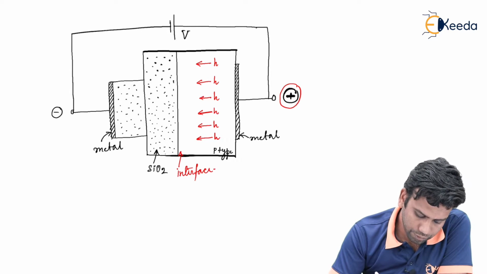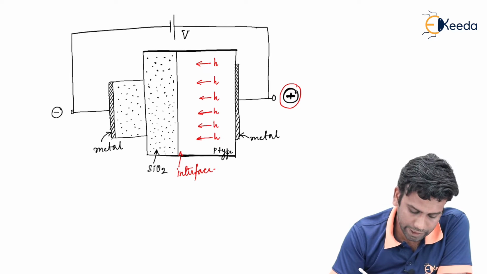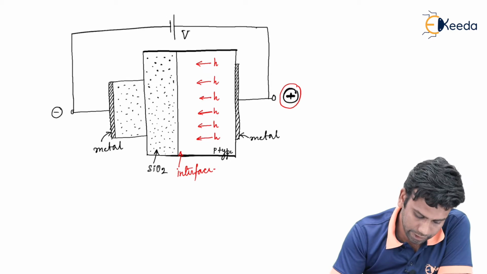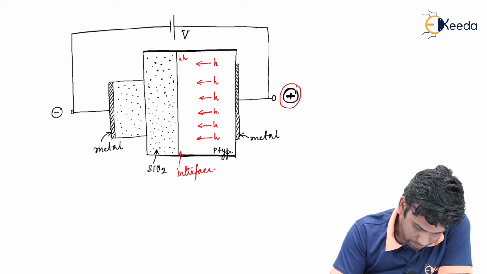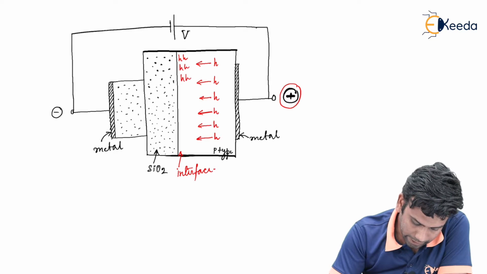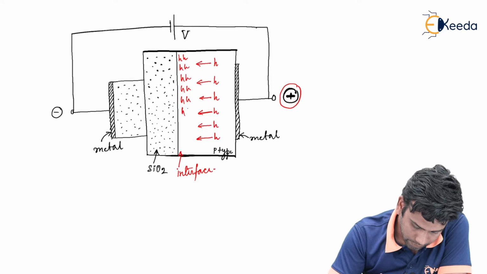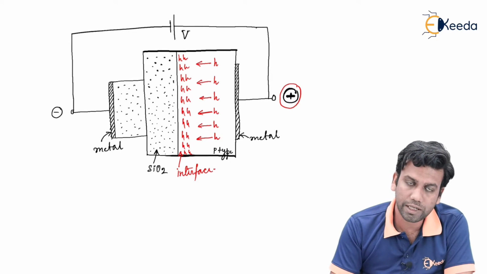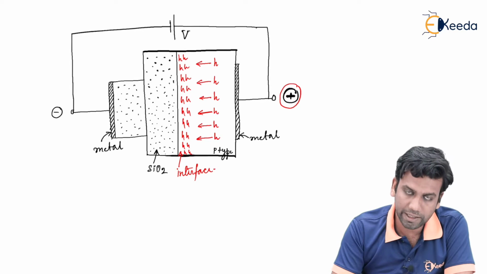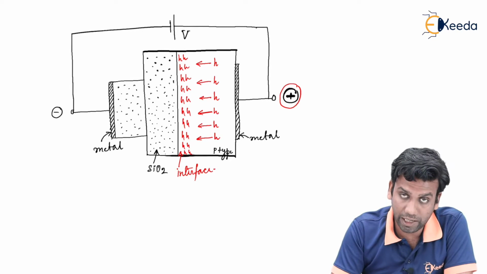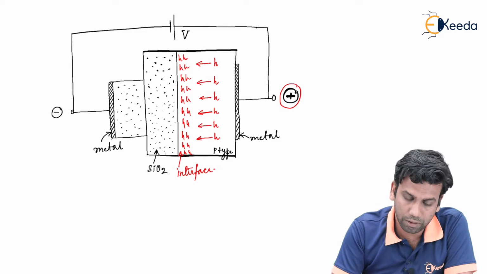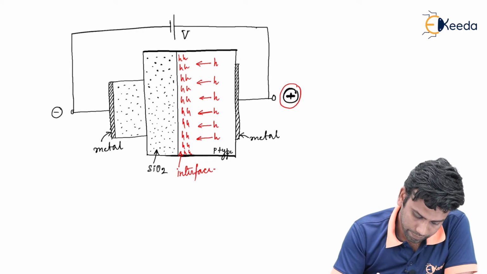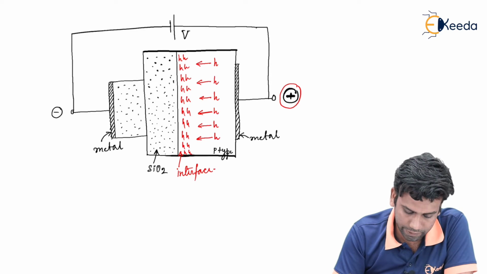But the holes, when they come to the interface, cannot move into the silicon dioxide. So they will accumulate at the interface in this fashion. So we can say the concentration of the holes at the interface region will be very high compared to the concentration of holes in the region away from the interface.